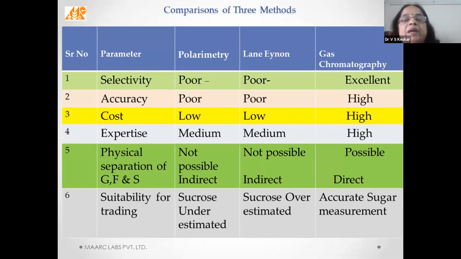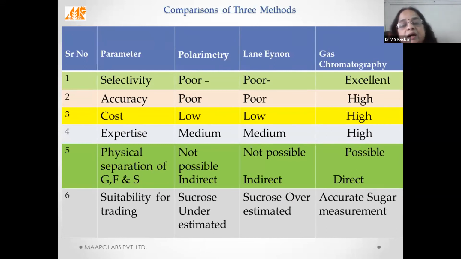So let us compare the three methods. Selectivity, which method should be selected? For polarimetry it is poor, Lane-Eynon poor, but gas chromatography is excellent. Accuracy: in both methods, accuracy is not there, but with gas chromatography we can get high accuracy.